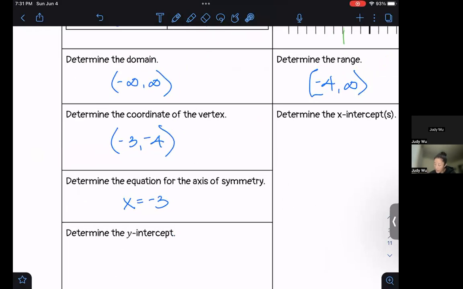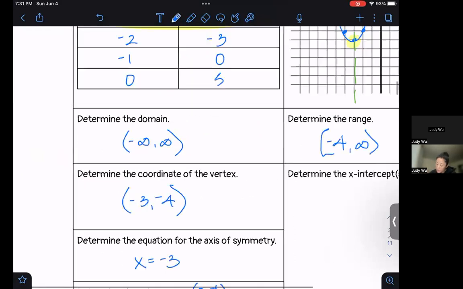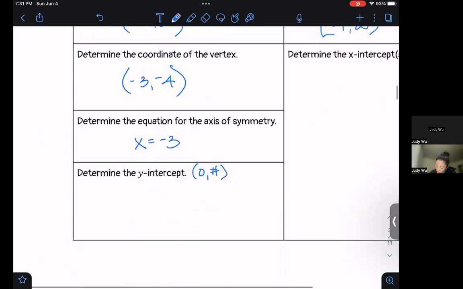All right, let's find our y-intercept. So for every y-intercept, that means put in 0 for x, and out comes a number. So let's grab our equation here, all right? And let's plug in 0 and see what happens.